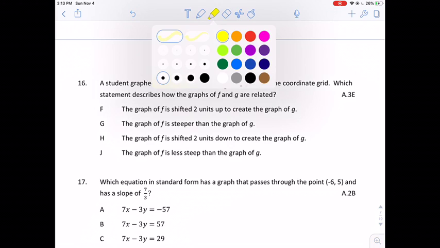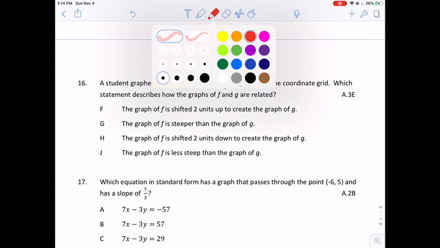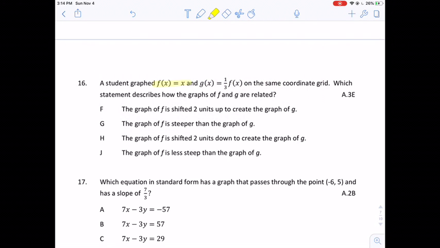While g of x is taking the parent function and modifying it by multiplying times 1/3. It's not shifting it up or down because it's not adding or subtracting anything.